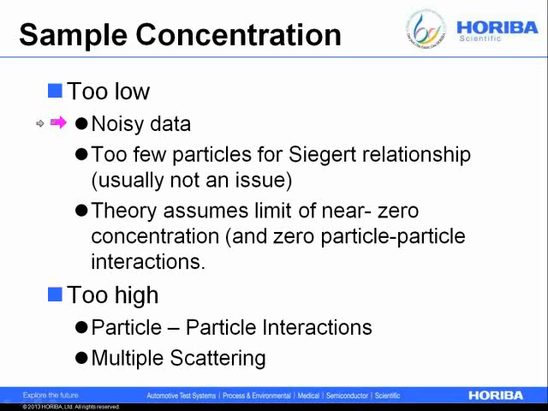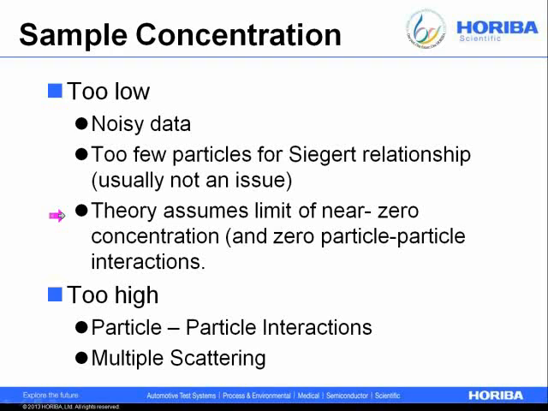You just don't have enough particles in there scattering. You also have a problem because the nanoparticles may give much less signal than your large particle impurities or dust. So when your particle concentration goes too low, you get a lot of noise on your result. There is another effect for extremely low particle concentrations where the statistical relationships inside the math don't work. That usually is not an issue.